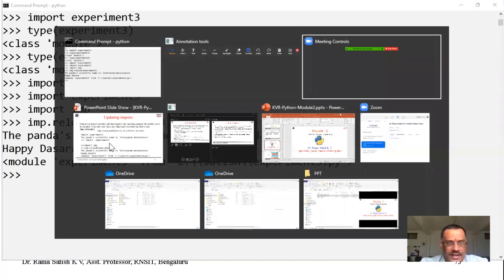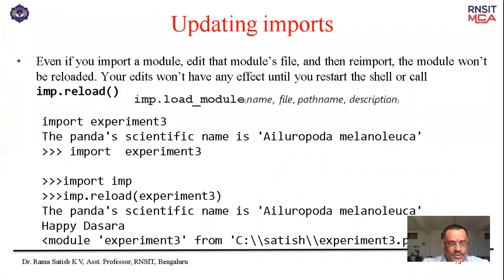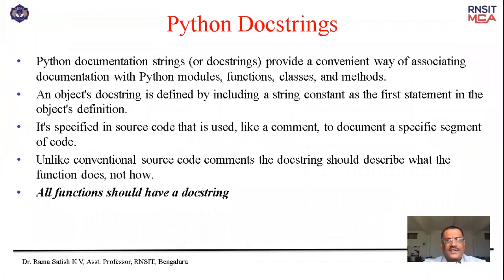And finally, to move to the last concept, Docstring. I have told you about docstring already. A docstring is a Python document string that provides a convenient way of associating documentation with Python modules, functions, classes, and methods.